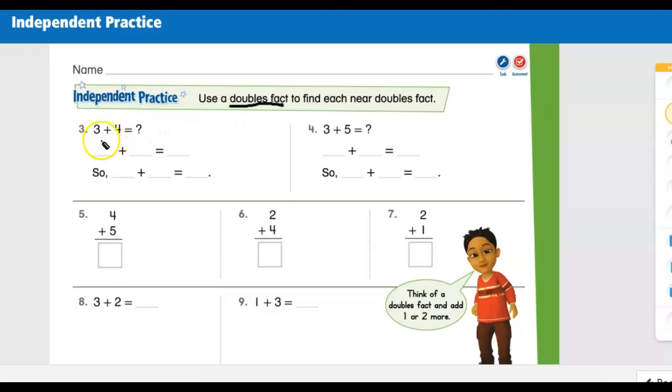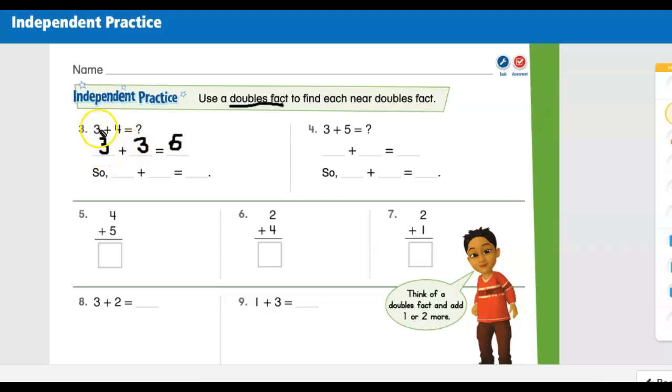I'm going to use the number 3. I'm going to say 3 plus 3 equals what? What is 3 plus 3? 3 plus 3 is 6.